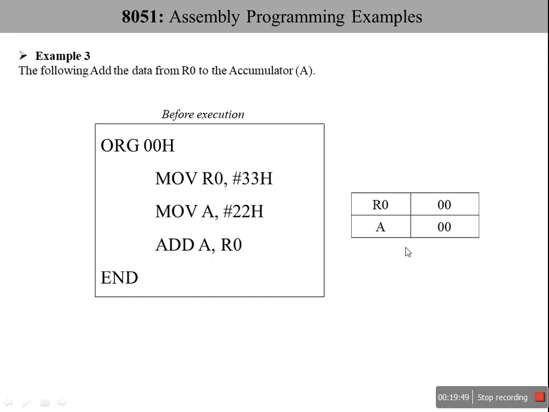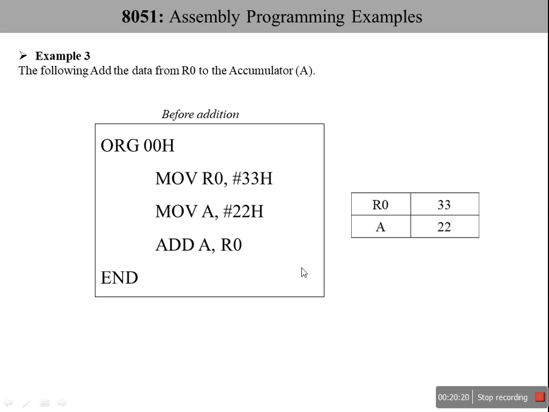Let's look at this. Before executing this code, R0 contains 0 and accumulator also contains 0. After executing the first two instructions, the contents of R0 and accumulator are 33 and 22, both hexadecimal.